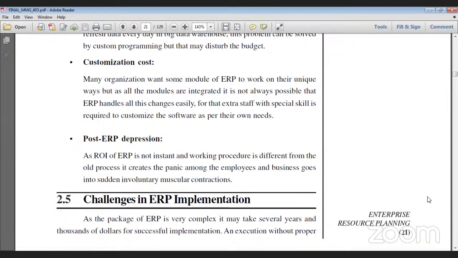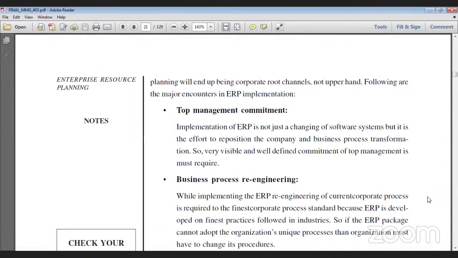Next, there are some challenges in ERP implementation. The ERP package is very complex and it takes several years and thousands of dollars for successful implementation. Execution without proper planning will end badly.